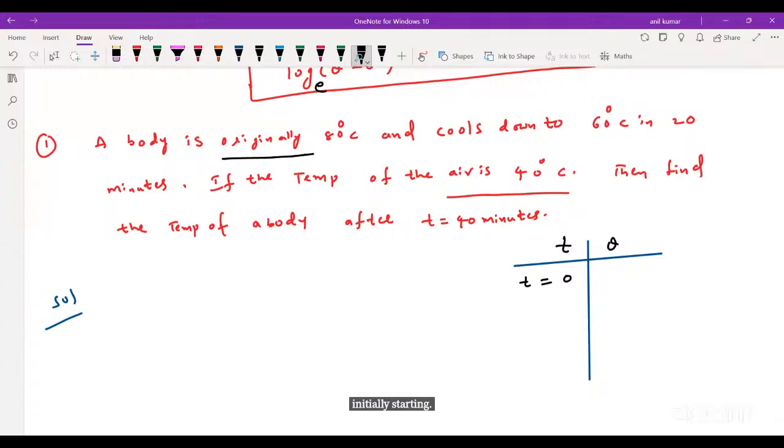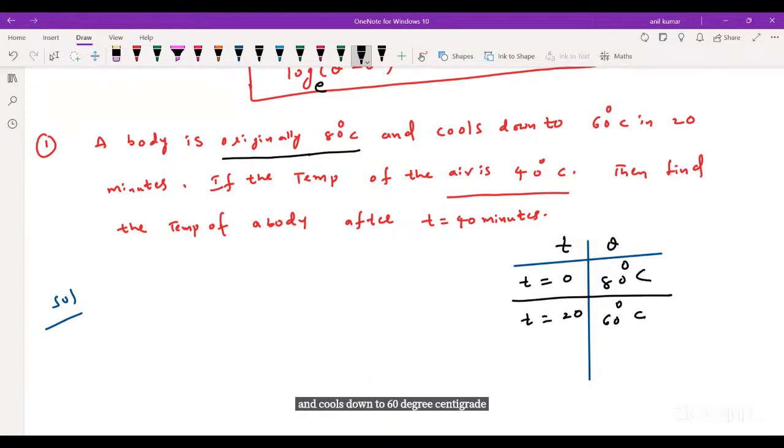Whenever you observe the words originally, starting, always take the time 0. Until your investigation started, now only. When you have started the investigation on the present problem, your time starts now. That is why I'm taking time as 0 and it is 80. A body is originally 80 degrees centigrade and cools down to 60 degrees centigrade in 20 minutes.